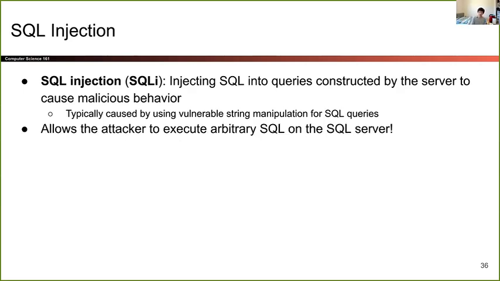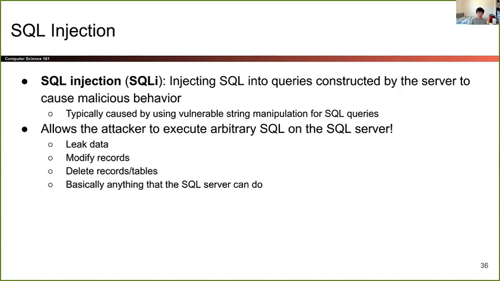This gives the attacker the ability to execute any SQL that they want on that SQL server. So they can maybe drop tables, or maybe they can create a user for the attacker to log into the server directly, and so on and so forth. Maybe it'll delete all of your customers and then cause you to lose your revenue because now the customers don't have access to your site. Yeah, leak data, modify records, delete records in a table, basically anything that you could do on the SQL server.